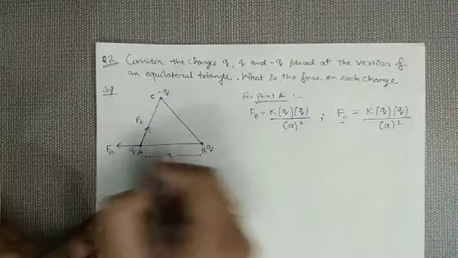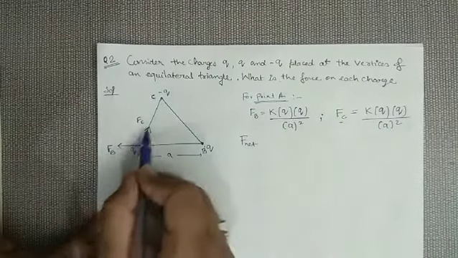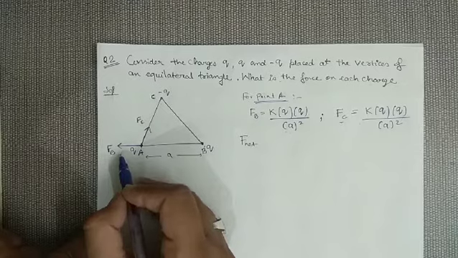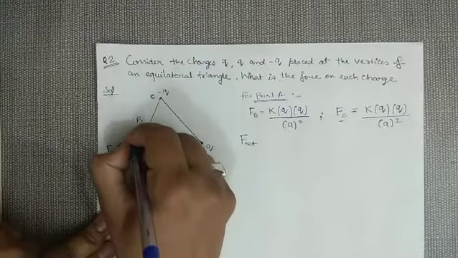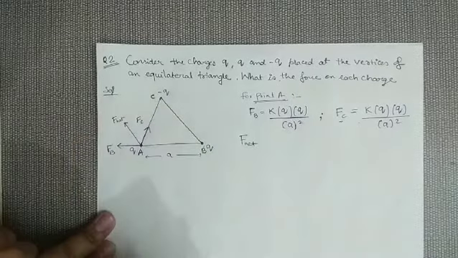So what will be the net force? Now see, we cannot add these two quantities directly because they are acting in different directions. So we have to use the concept of the resultant of two vectors. So this will be the resultant net force.